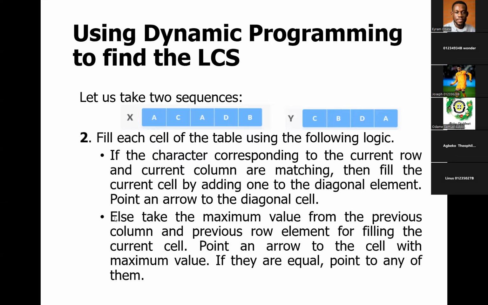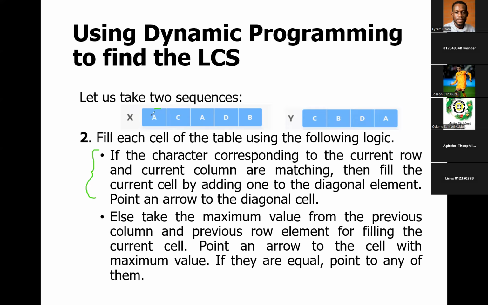Okay, then else, that is otherwise, if they are not matching. So if we take cell A and the first character in X, and the first character in Y, if they are matching, then we execute the first part, which is this part.